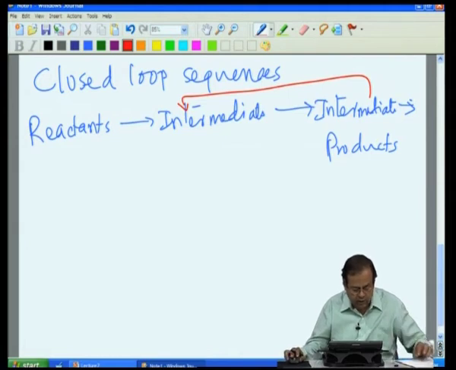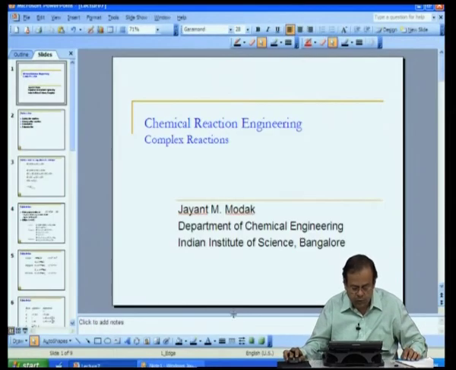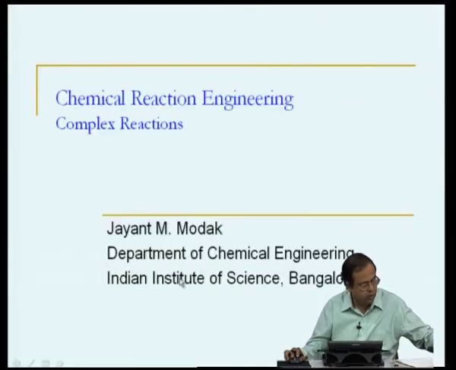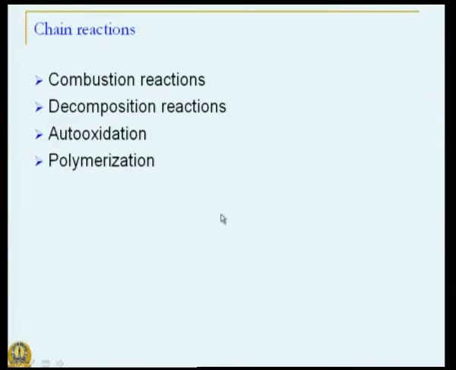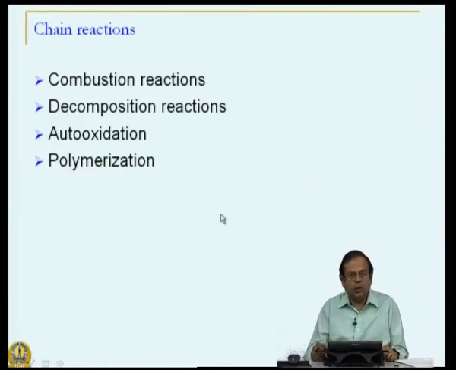So, let us look at chain reactions to start our discussion. We are going to look at complex reactions, chain reactions, as the first example, and there are several examples of chain reactions.